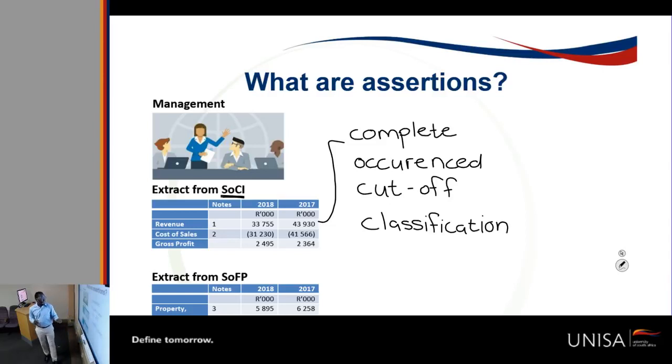They are saying that those amounts relating to revenue are presented correctly, that they have been disclosed the way they're supposed to be disclosed. They are also saying that those amounts relating to revenue have been calculated correctly.